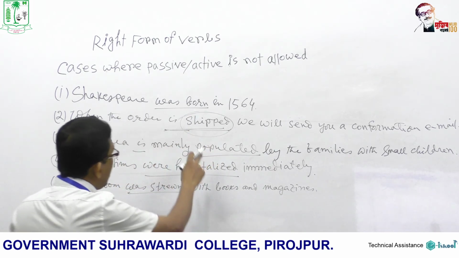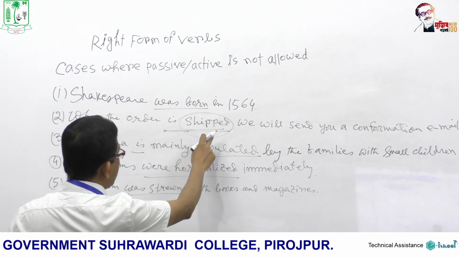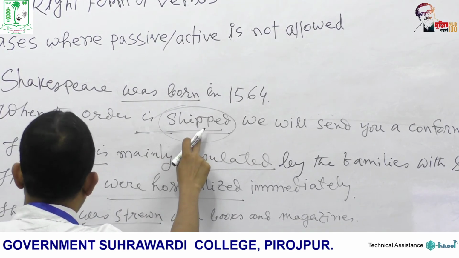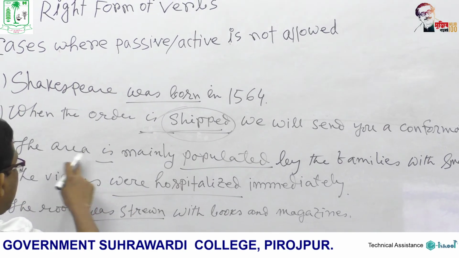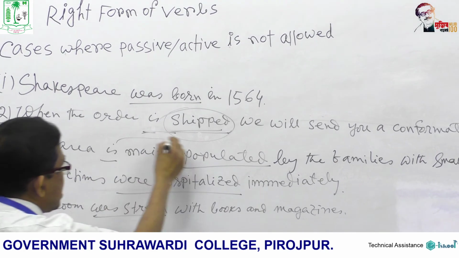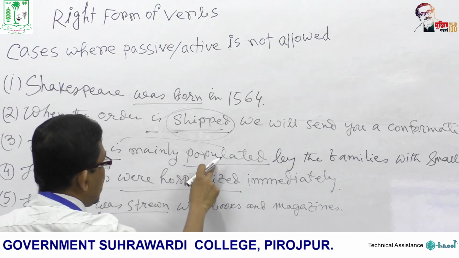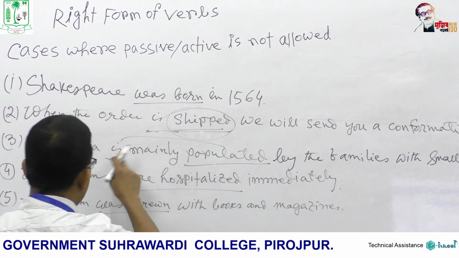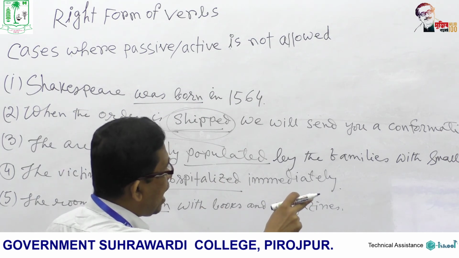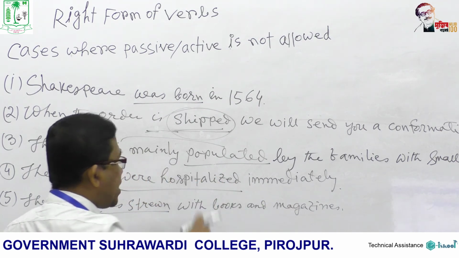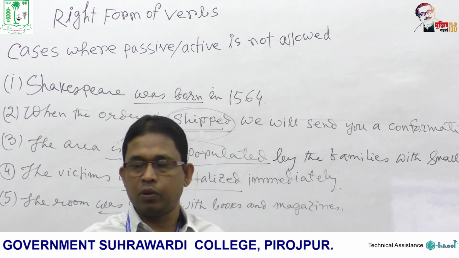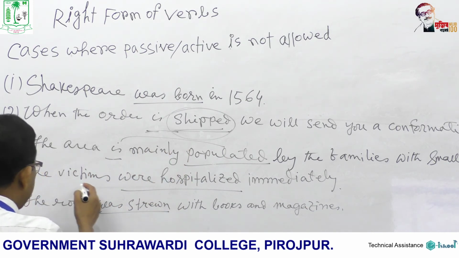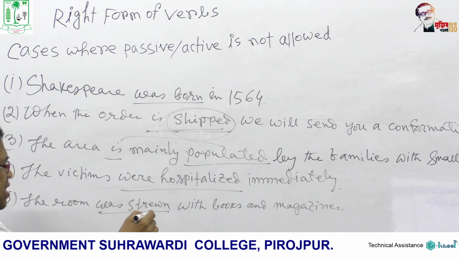That is, when the water is shipped, this passive form is auxiliary verb plus past participle form of the main verb. Then the area is mainly populated, that is be verb plus populated. So, passive voice: the area is mainly populated by the families with small children. Populated means full of people. That is the opposite of desert. Then victims were hospitalized immediately.